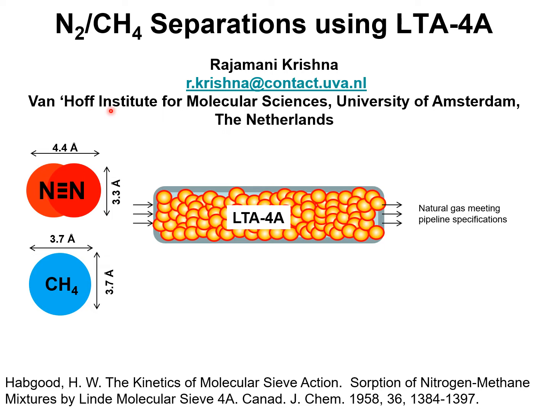However, for most known adsorbents, the adsorption selectivity for nitrogen-methane mixtures is in favor of methane due to its higher polarizability. One practical solution is to rely on diffusion selectivities by using microporous materials such as LTA-4A zeolite.